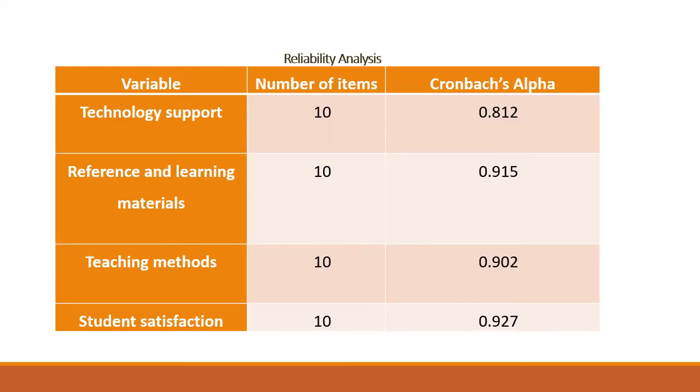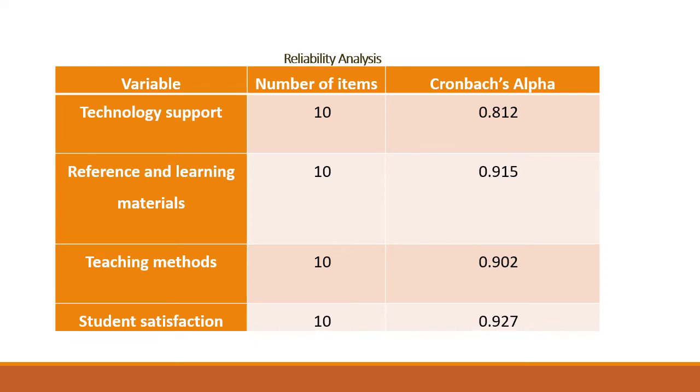Before we proceed with hypothesis testing, we need to ensure that our measurement, our questionnaire, is reliable. We have 4 different sections of independent and dependent variables, representing 14 items.